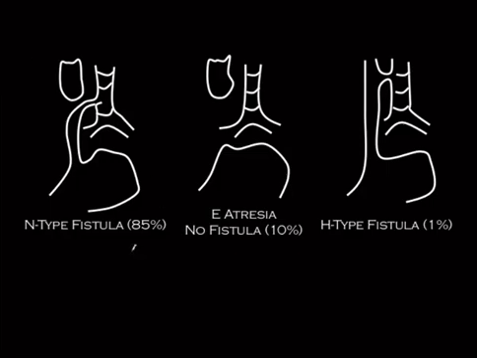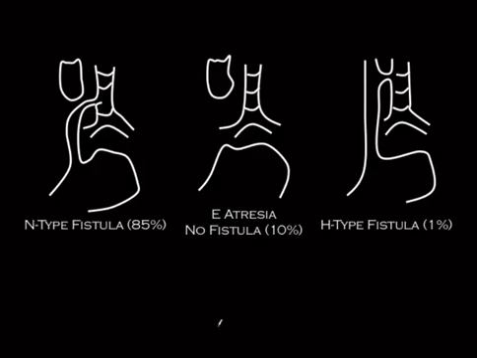The named ones are the so-called N-type fistula, which, if you use your imagination, sort of looks like an N. This situation is the blind-ending esophagus with the trachea attaching directly to the stomach. As you would imagine, this is going to end up putting a ton of air in the stomach. And then you can just have a blind-ending sac of the esophagus without any communication between the trachea and the stomach.